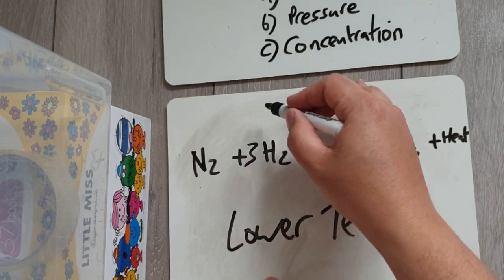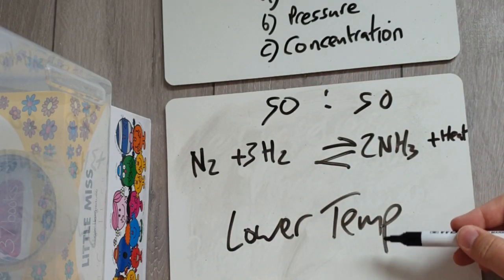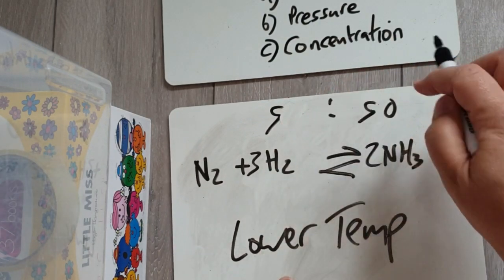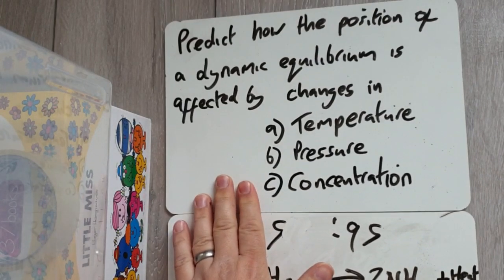So again, if we had our 50-50 split, if we make the temperature really, really low, we might end up with 5% over that side and 95% over that side. So Le Chatelier's principle: whatever you do to a dynamic equilibrium, it shifts to do the opposite.